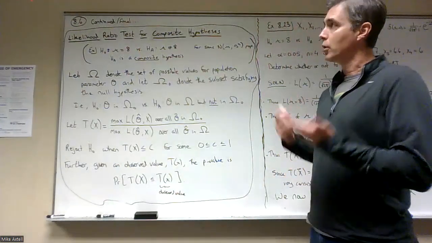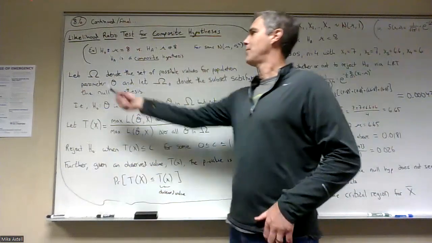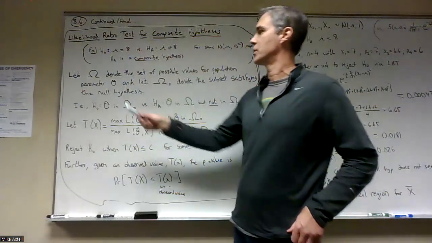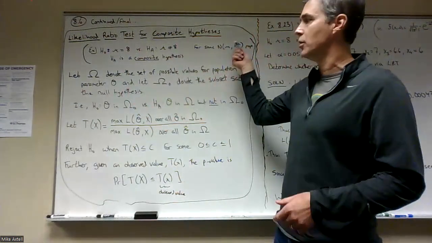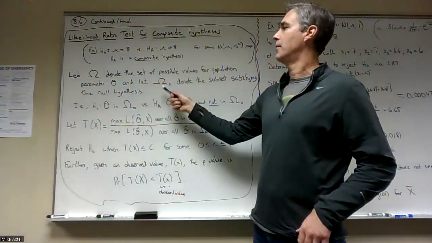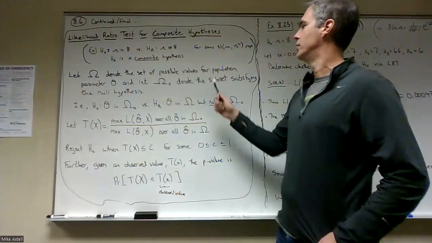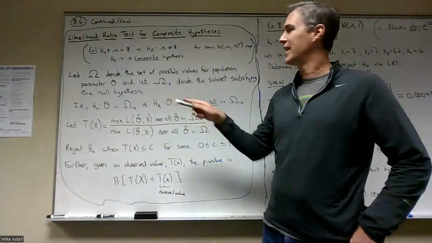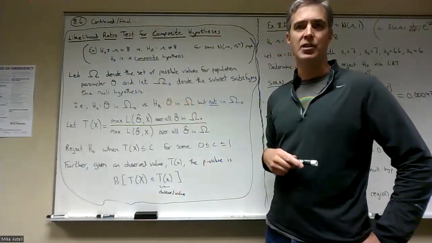So what do we do? Well, let's let capital sigma denote the set of all possible values for the population parameter theta, which was mu in this case. And let capital sigma sub 0 denote the subset satisfying the null hypothesis, okay? So that's if the null hypothesis was composite as well.